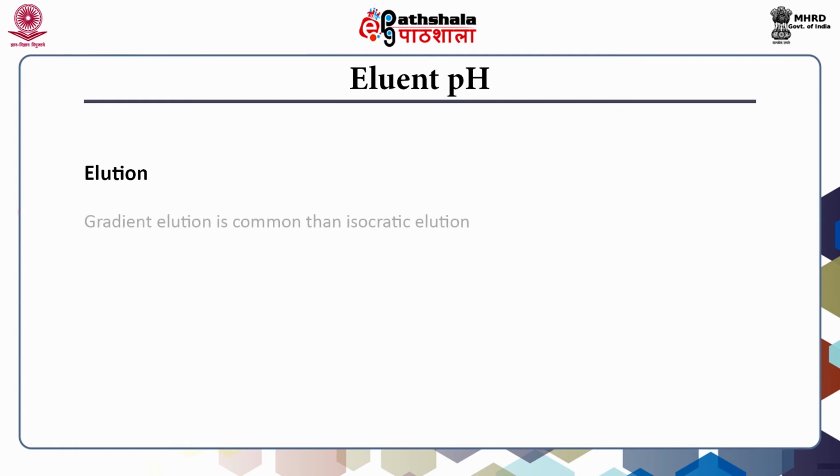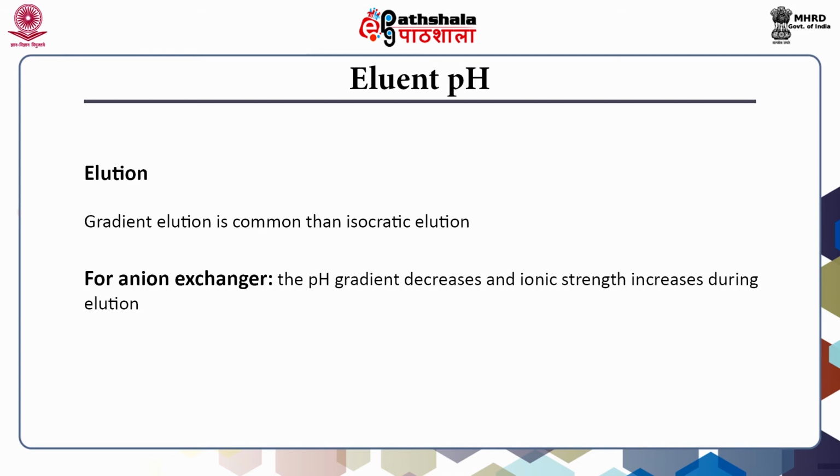Gradient elution is more common in ion exchange chromatography than isocratic elution. For an anionic exchanger, the pH gradient has to be decreased and the ionic strength has to be increased. When the pH is decreased, the H plus ion concentration increases, and the proteins will be more in the cationic state rather than the anionic state.